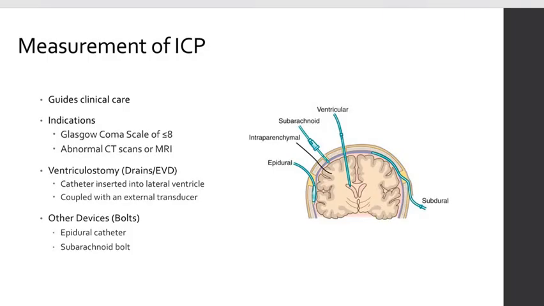Intravascular catheter. You also have non-invasive processes such as placing of the subdural or epidural catheter. The others include MRI and CT scan that help us to identify the elevation of the ICP, but they do not measure the pressure directly. So the best way to measure is the invasive procedure, which is the intravascular catheter, and we call it ventriculostomy.